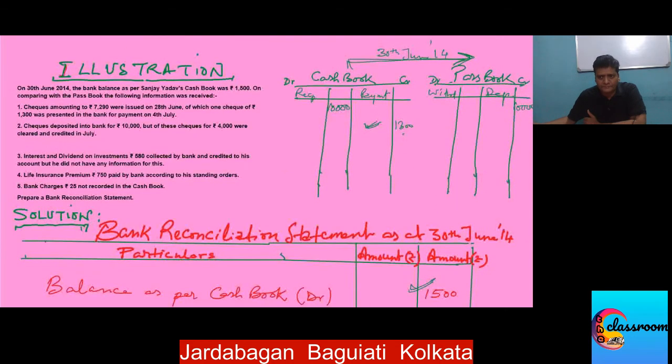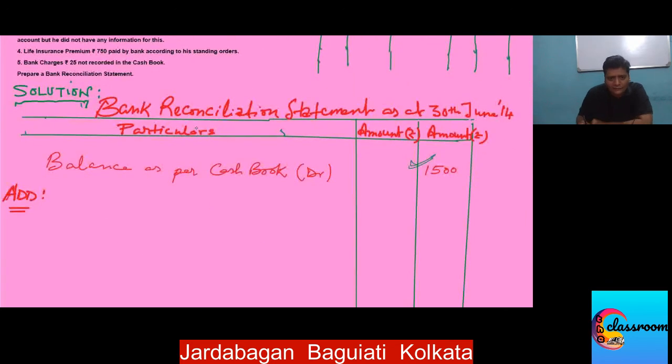Okay. So I'll write over here, add checks issued but not presented. The amount is 1300. Fine.